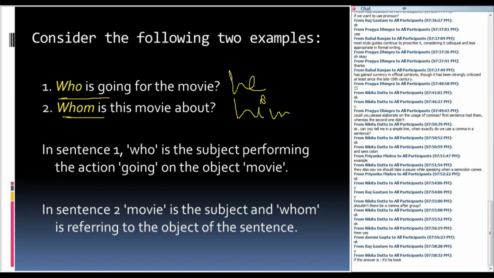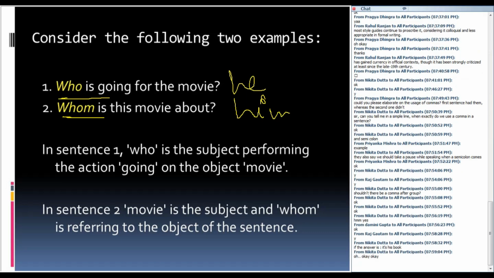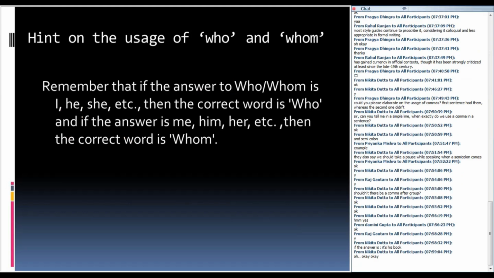Whose book is this? It's his book. When you use his, then you are using the possessive case. So remember, if the answer to the question is I, he or she, then you should use who. If the answer is me, him or her, then you should use whom.